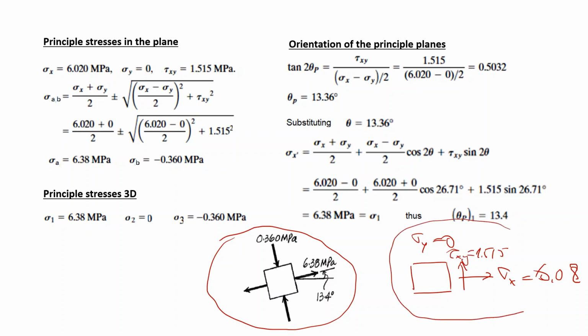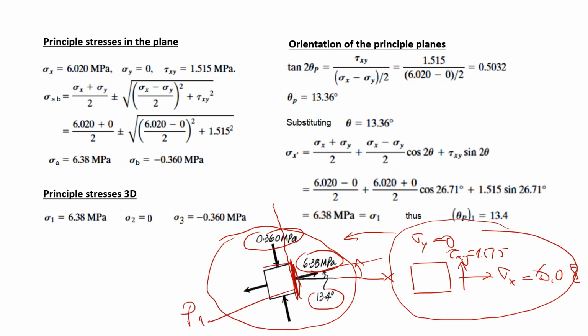This stress state creates principal stresses of 6.38 and minus 0.36, and their orientation, when this is your x, is rotated anti-clockwise by 13.4 degrees. This is your principal 1, and that one is your principal 2.